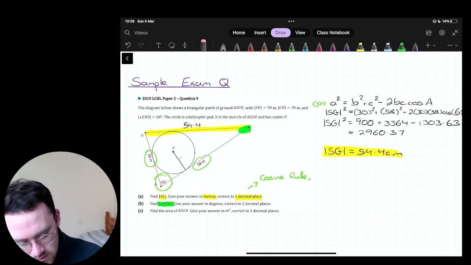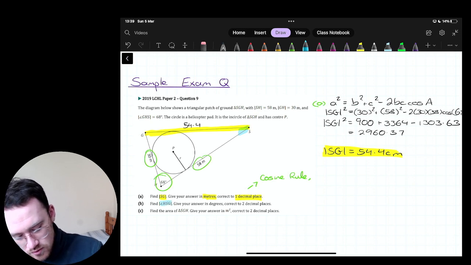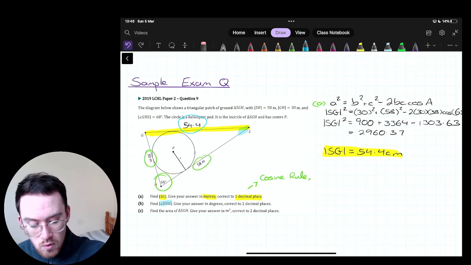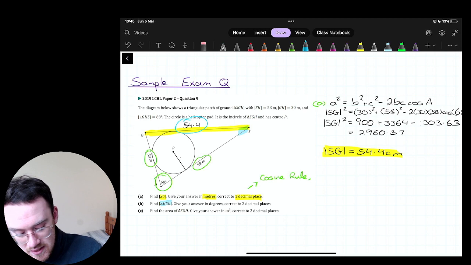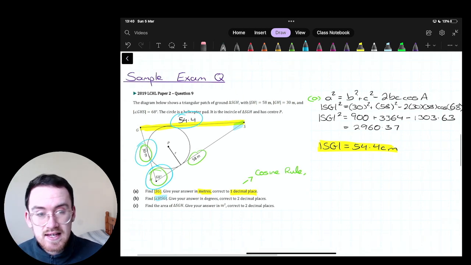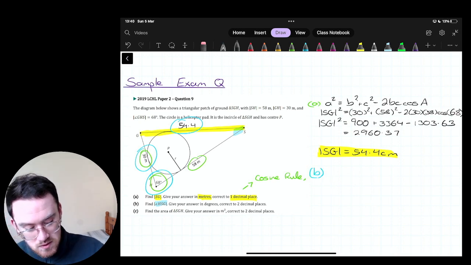I'll use a color for this one, to stay consistent with the colors. If we were looking for that angle, we have these three sides, so I can use my cosine rule to look for the angle. What we could also do is use this side and the angle opposite it, and this side, to find the last angle using our sine rule. Because we haven't really looked at one using the sine rule, maybe that's what we'll do.